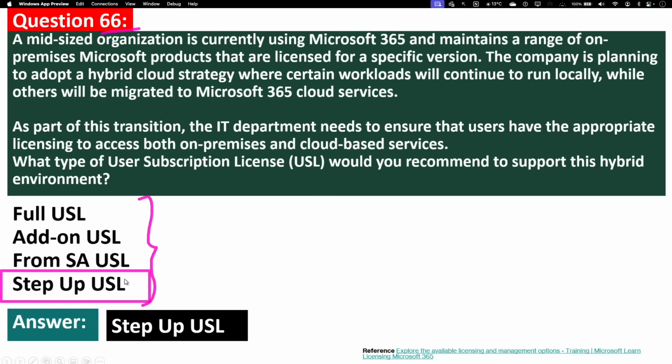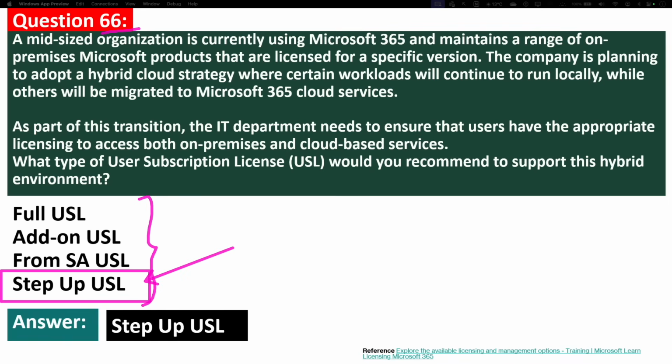So we looked at SA, USL, and add on USL in the previous questions. Now let's unpack what this step up user subscription license is. A step up USL allows a user who already has a lower level Microsoft 365 license to upgrade to a higher level license without paying the full price of the new license.